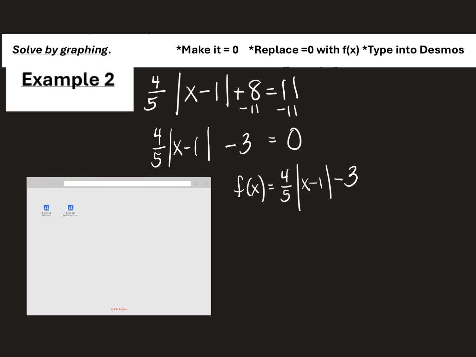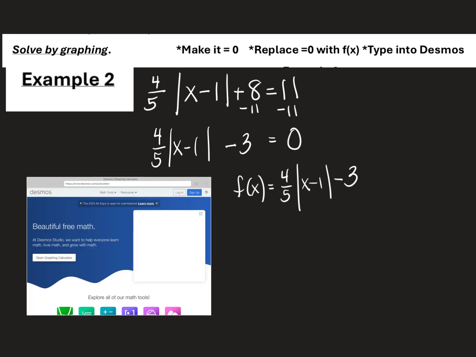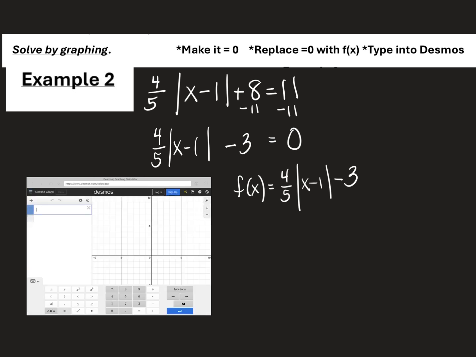I'm going to open Desmos. And I'm going to type y equals 4/5 times the absolute value of x minus 1.